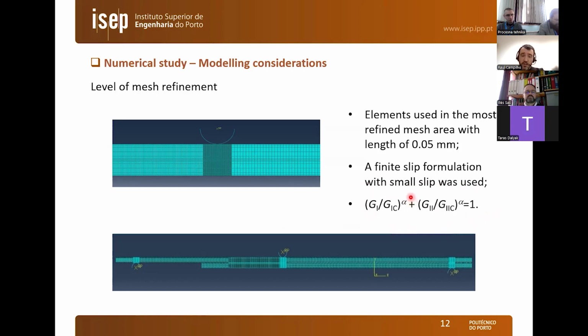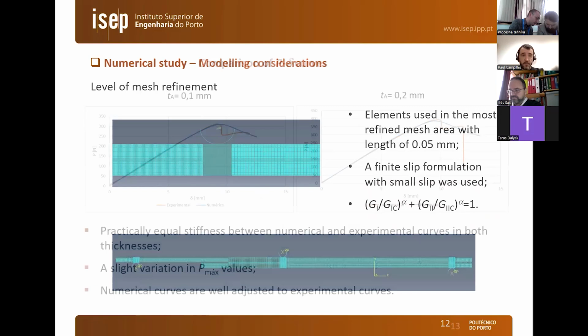We are going to consider an exponent of 2 for the models because we defined that parameter experimentally. And we can also see some details about the mesh. The mesh is typically more refined in the vicinity of the loading cylinders and also more refined at the region of crack propagation of the SLB specimen.